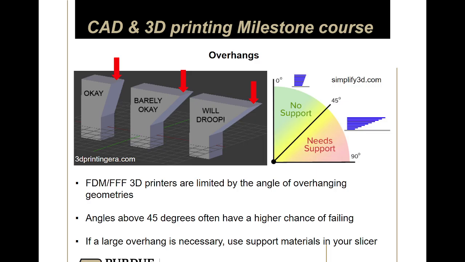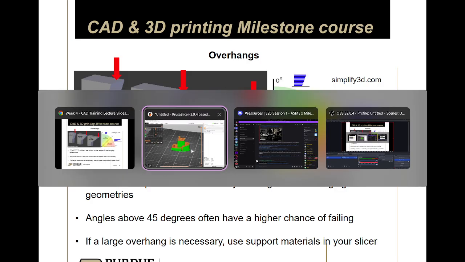The biggest thing that a lot of people will talk about is overhangs. So basically, your printer is capable of printing something that protrudes outwards from the body below it, but it can only do that to a certain extent. If you continue going farther and farther away, it'll make it pretty hard for the printer to recreate it.